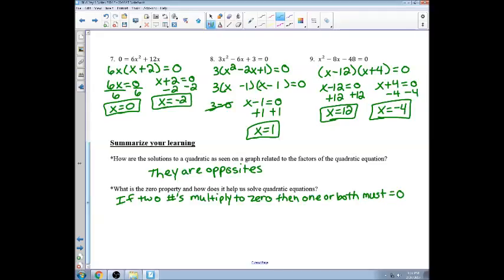How does it help us solve a quadratic equation? If y equals 0, we can then solve for x by setting the factors equal to 0.